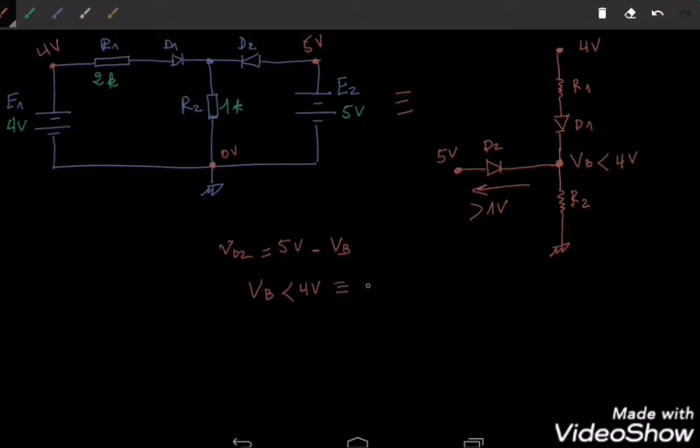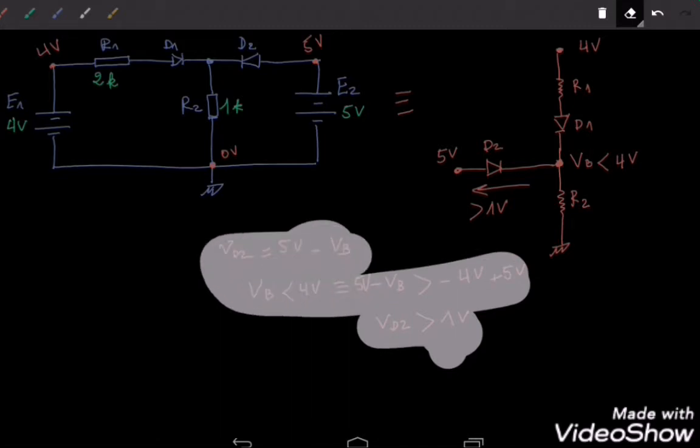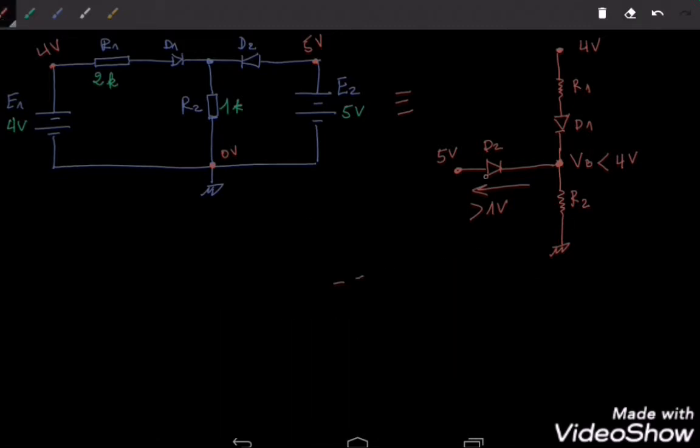This is equivalent to minus VB higher than minus 4 volts. So if I had here 5 volts and I add here 5 volts, this would lead to VD2 higher than 1 volt. And since VD2 is higher than 1 volt, this means that the potential across the diode is higher than 0.7 volts, right? In other words, D2 has to conduct if D1 is conducting.